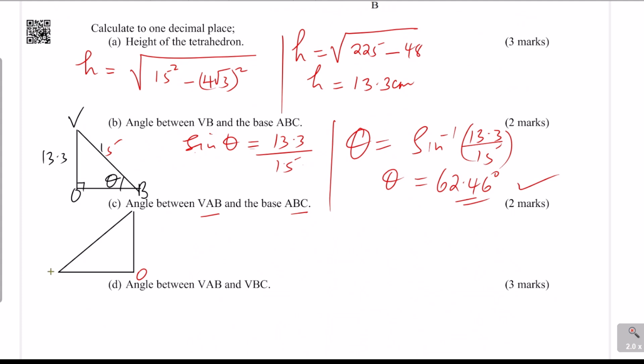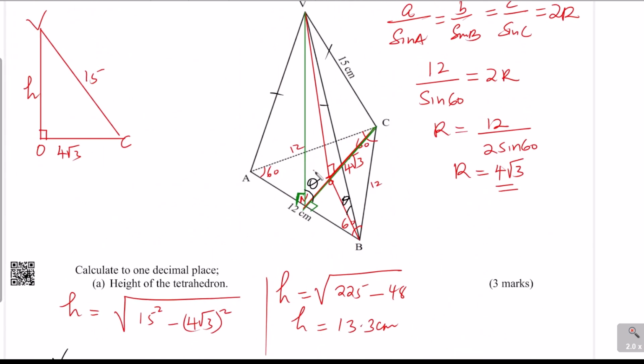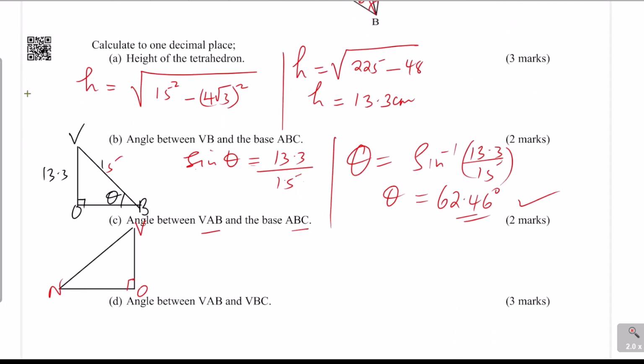So this is O, N, and this is V, like that. So look at O. O is here, N is here, and V is here. So we only have VO. VO is 13.3, but we don't have NO. The easier one to get is NO.